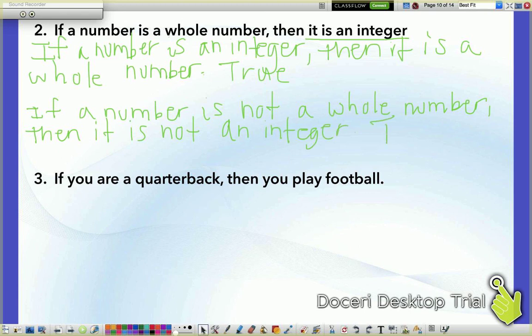True. Okay, so remember, the converse is where we take the then part and write it as the if. And the inverse is where we insert not.